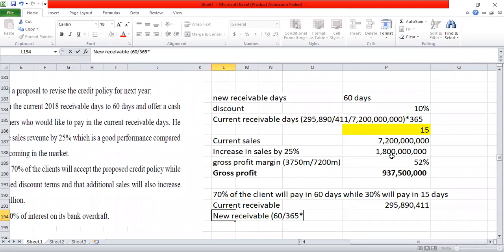This plus this. I've removed the 3 zeros. I can add them.